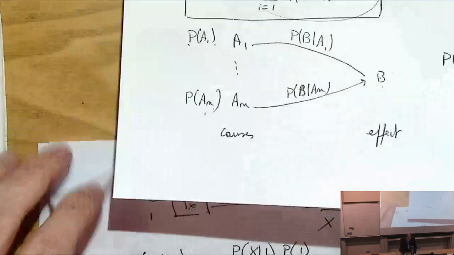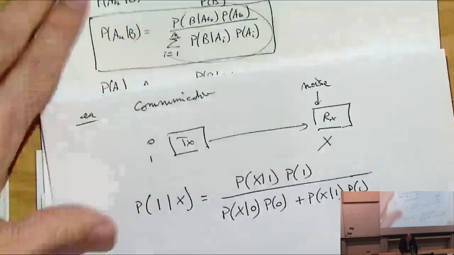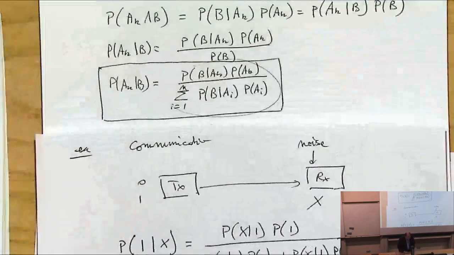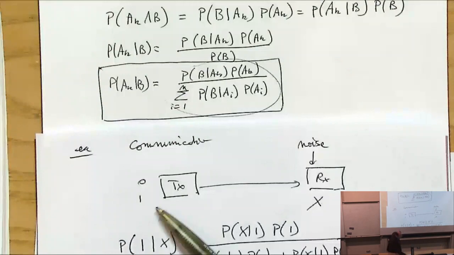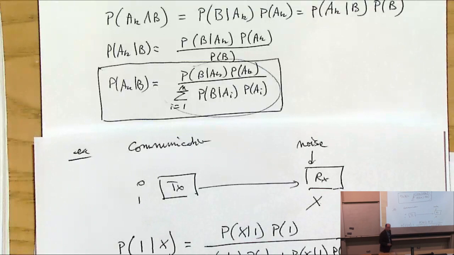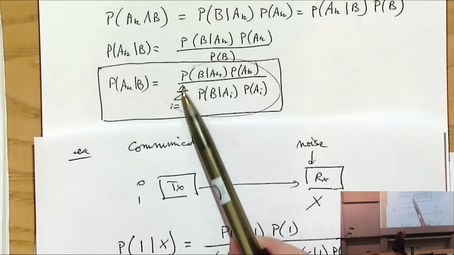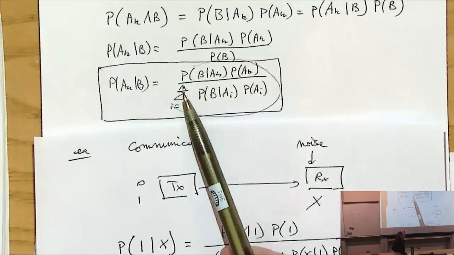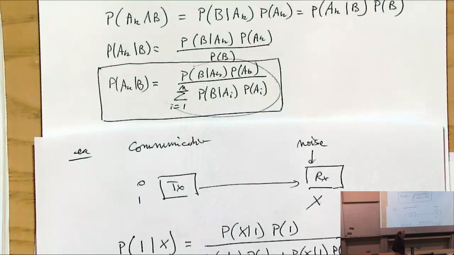So this is essentially the same as here. You see now here I have only 2 possible causes. I have 0 or 1. Right? So here in my sum, n is equal to 2. I have essentially 2 possible causes, either 0 or 1.